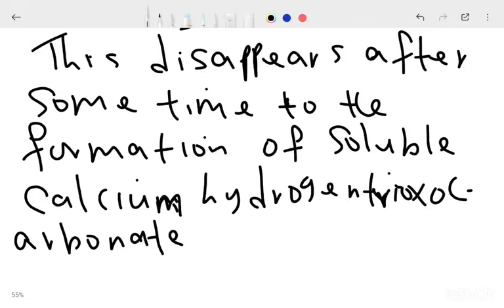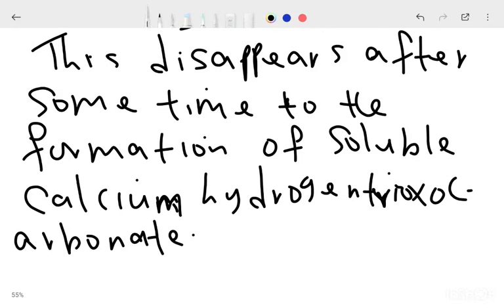Now look at it. When excess carbon dioxide is passed through lime water, what will happen? A milky solution, that is insoluble calcium trioxocarbonate(IV). It is milky in color. Don't forget, all these are past questions, so please take note of them.